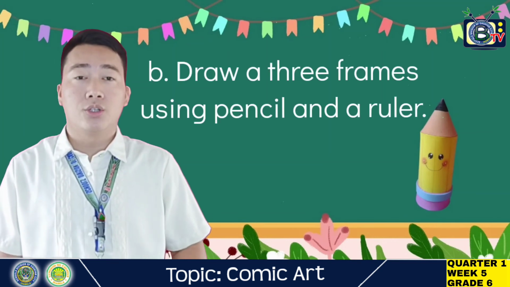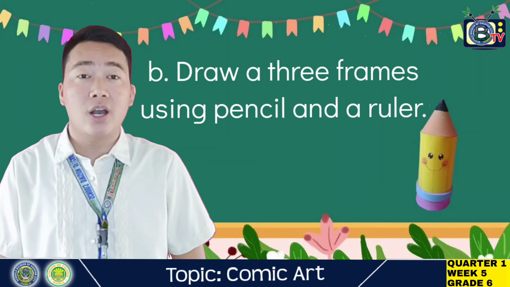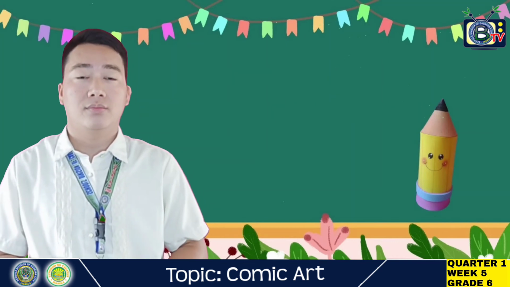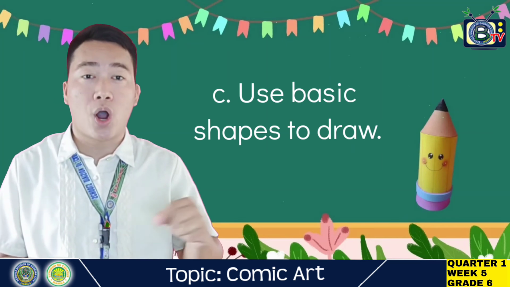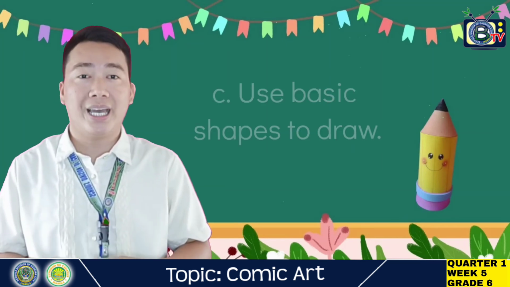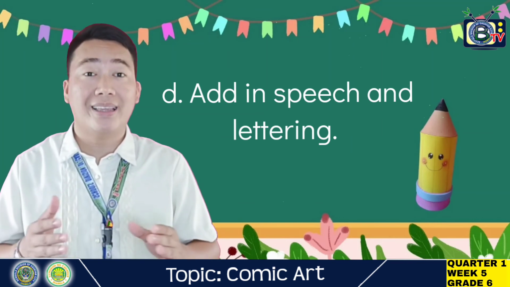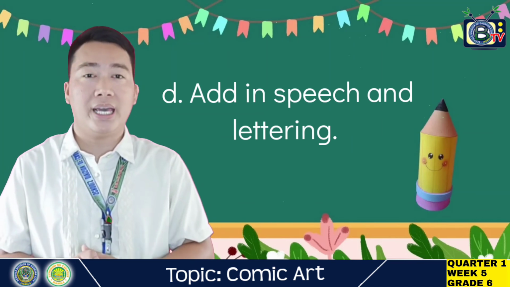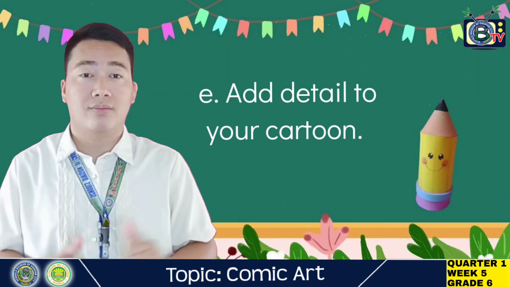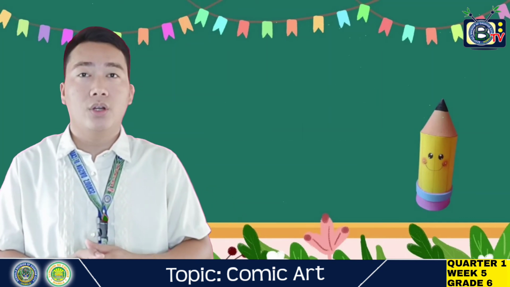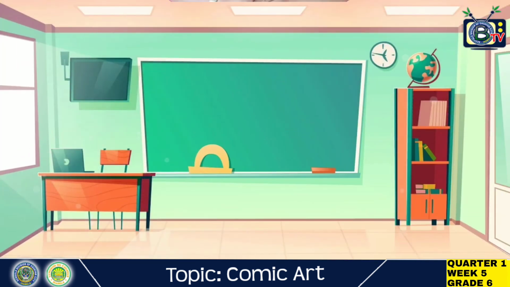B. Draw 3 frames using a pencil and a ruler. C. Use basic shapes to draw. D. Add in speech and lettering. E. Add detail on your cartoon. F. Go over your comic in pen.